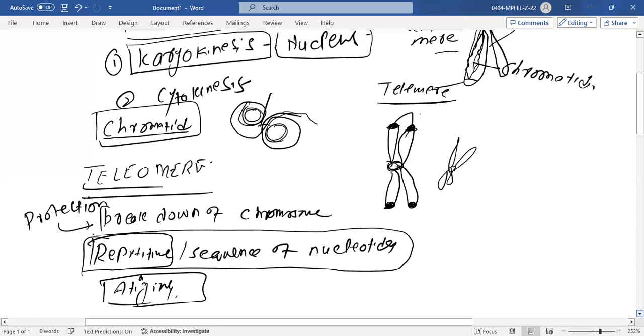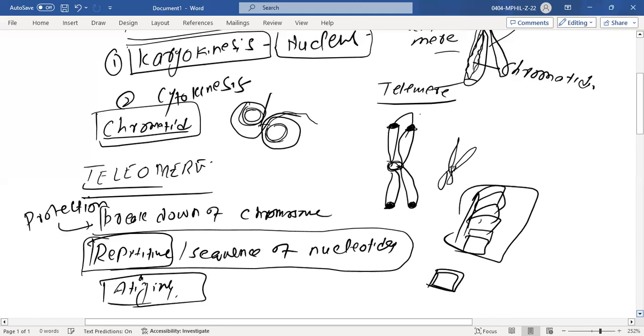Like if you have a single block here, and if you have a repetition of these blocks like this, like this, like this. What do you think? Is it possible to break this single block, or the number of blocks piled up on each other? Definitely the single block is easy to break down.